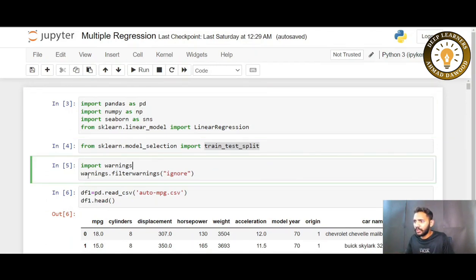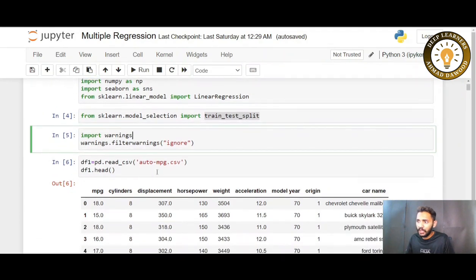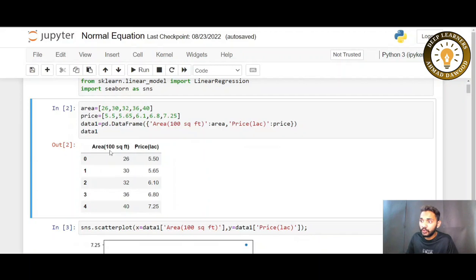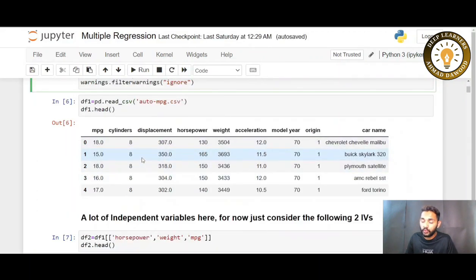Here I am importing warnings and doing filter warnings ignore, just to ignore the warnings. I am reading my dataset, the auto mpg.csv file, into data frame 1, and here we have miles per gallon as the target variable and multiple independent variables. Now I will use just two independent variables, though we have 400 data points in total.